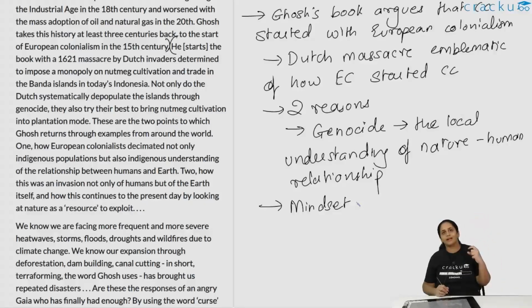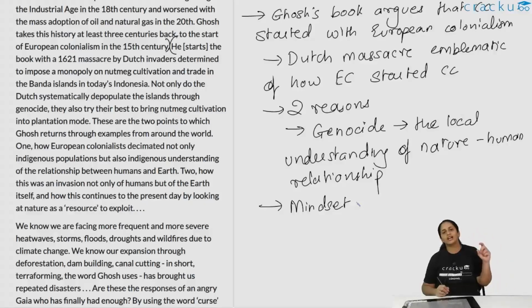And this kind of mindset that those people actually thrived by exploiting the earth essentially built this mindset that we have to exploit nature. As much as we can derive from nature, we should derive. We should essentially squeeze nature dry. That mindset, the author says, is the reason why we have climate change. This mindset is the second reason why the European colonialism was the start of climate change.